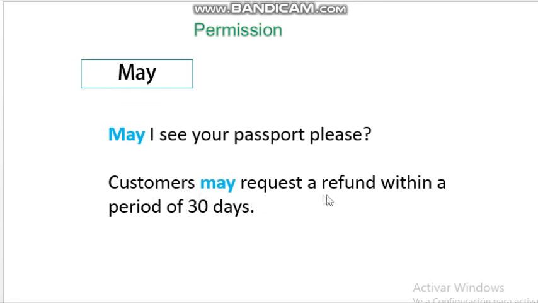"Customers may request a refund within a period of 30 days." So this may is more formal, as you can see. We saw some modal verbs and ideas for using them.